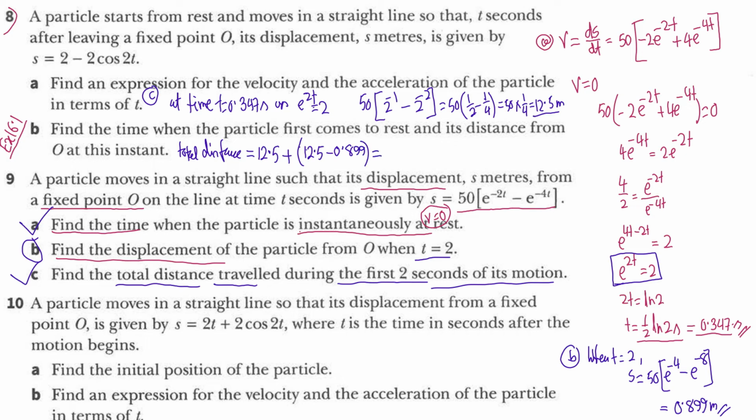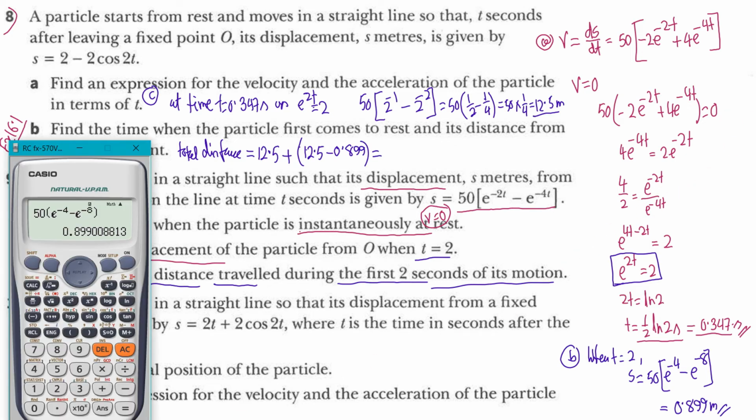This is the total distance it covers up to 2 seconds. Let's use the calculator now. 12.5 into 2, the double of this length, minus 0.899, gives us 24.101.